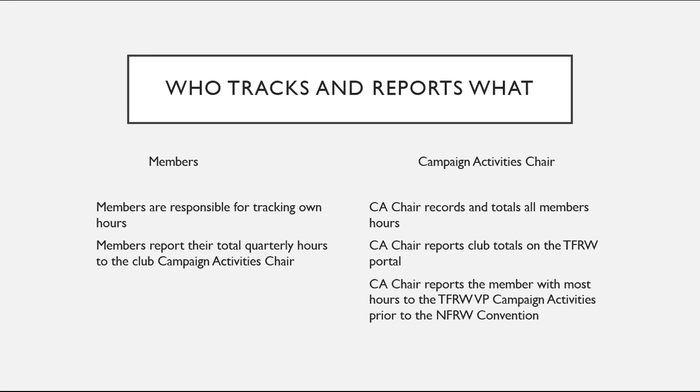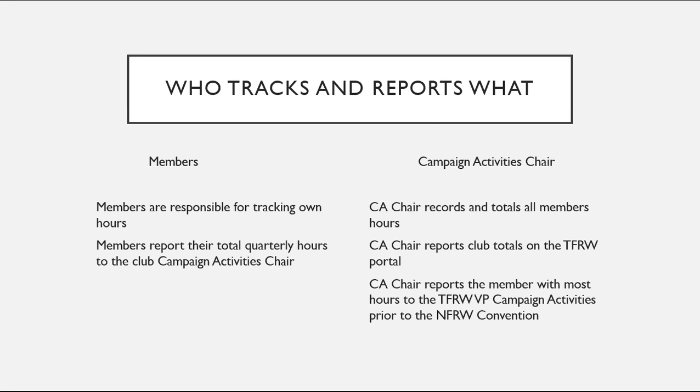The club activity chair should also be keeping track of the member in their club who has reported the most hours. So you should be tracking your members' hours and your total club hours. That member gets reported to TFRW. We're going to be doing this in June, and that number will go to TFRW and NFRW.